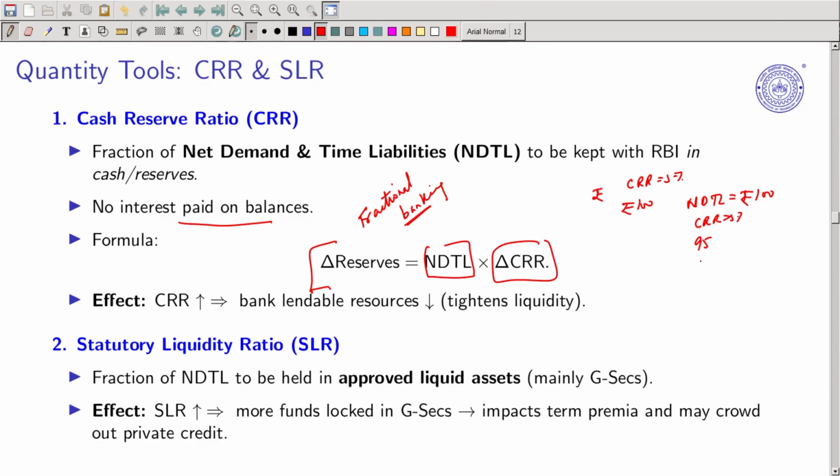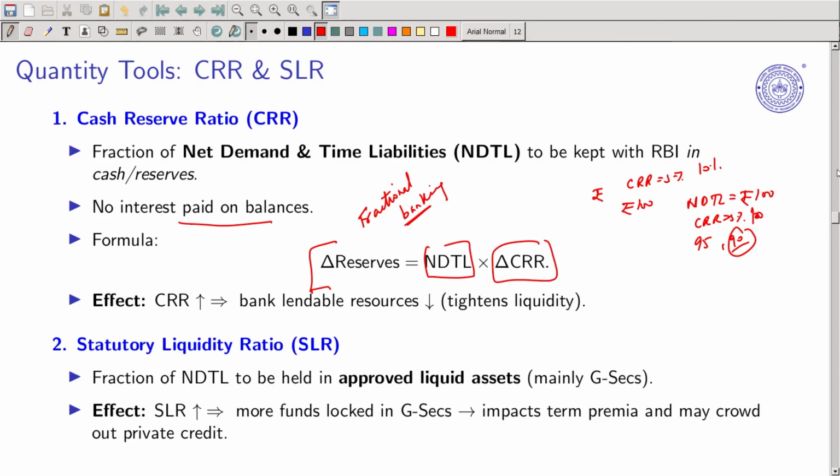And if the central bank increases this, then the money multiplier effect that we have seen earlier will be lower. If it goes to, suppose, 10%, now the bank will have only 90 to lend, and this is where it controls or tightens the liquidity.